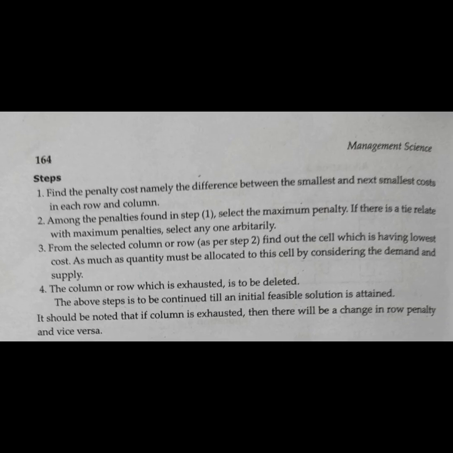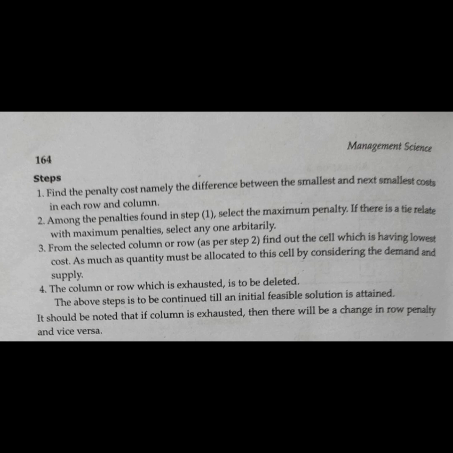The steps are as follows. The first step is to find the penalty cost, namely the difference between the smallest and next smallest cost in each row and column. The second step is, among the penalties found in step 1, to select the maximum penalty.